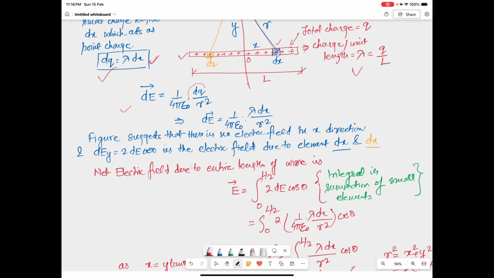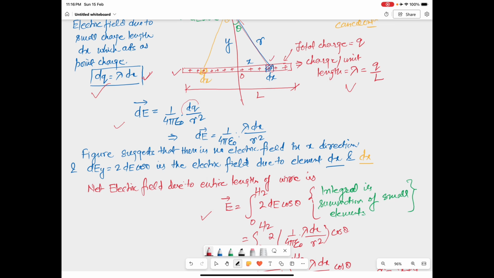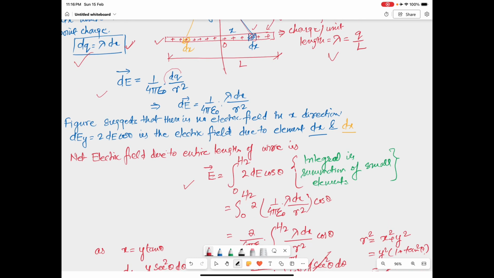The summation of all discrete charges is done by integration. It is 0 to L by 2. Why have I taken 0 to L by 2? Because the dx component from minus L by 2 to 0 is already taken into account. That's why I have used 2 dE cos theta.